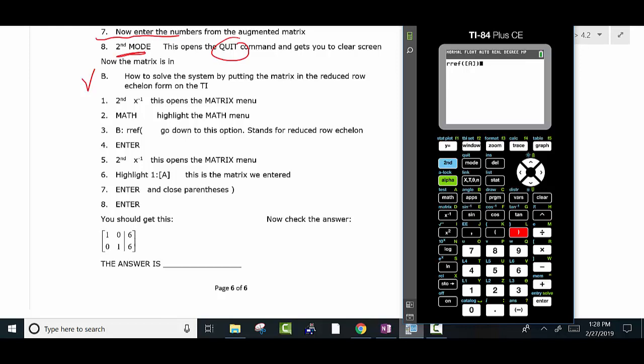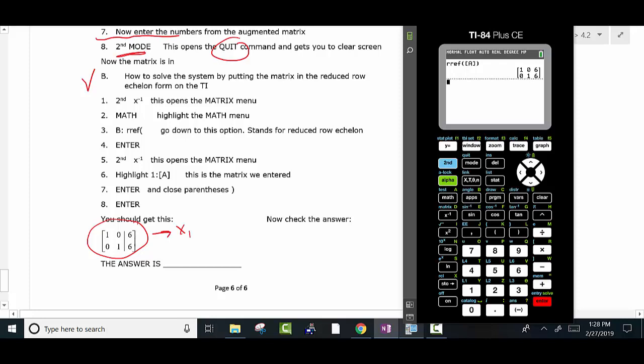Okay, students, it sometimes takes a little time to get this figured out, but if you did that right, you should end up getting this. What you want to write down is that this really means x1 plus 0x2 equals 6, and the second row says 0x1 plus 1x2 is equal to 6.